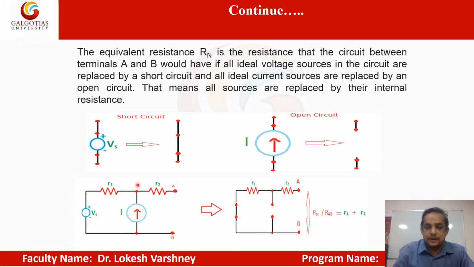So I applied here: voltage source short circuit and current source open circuit. Now we see that from the terminals AB, R1 and R2 are in series. So the value of Norton resistance is R1 plus R2.